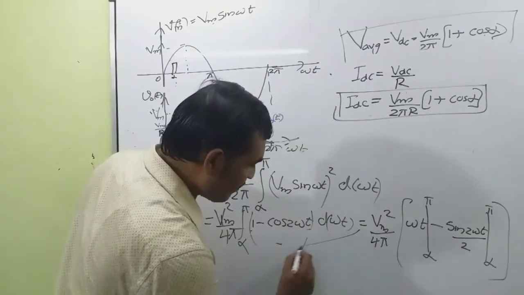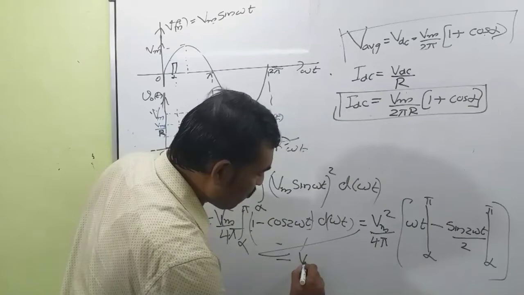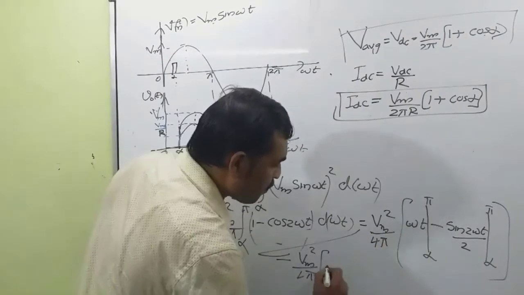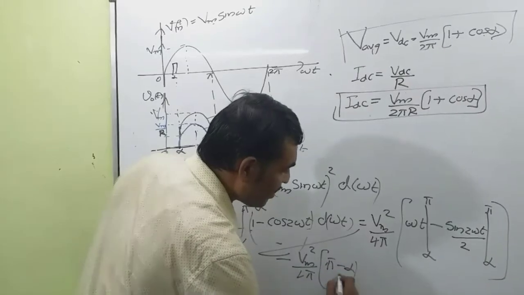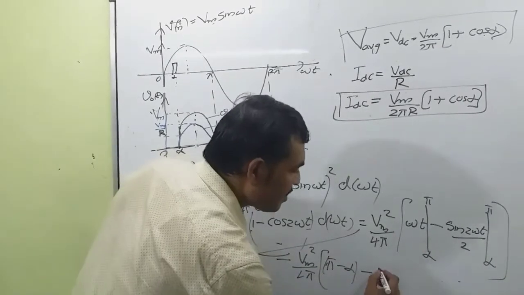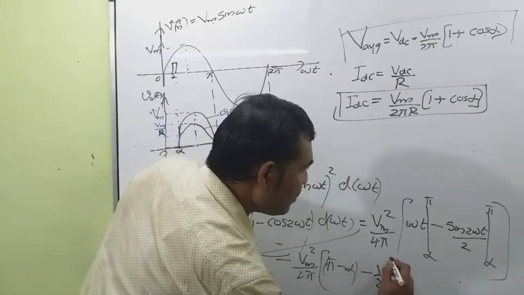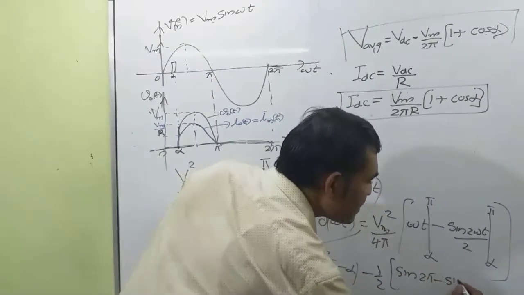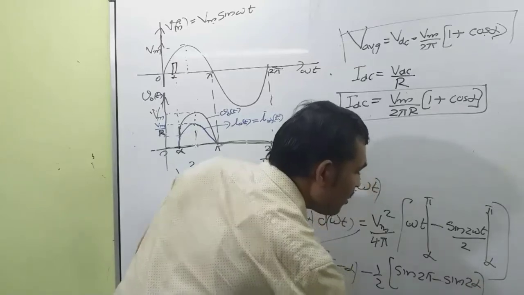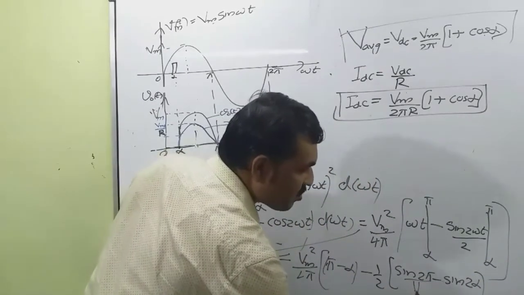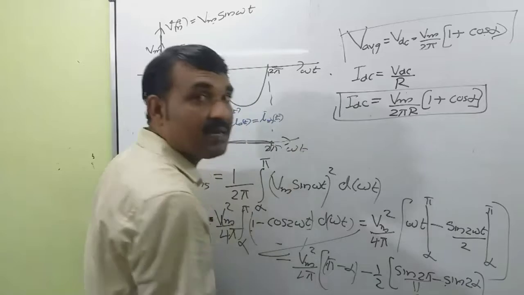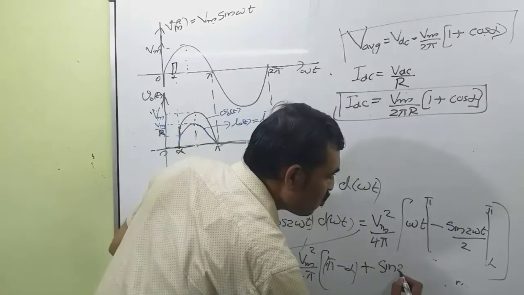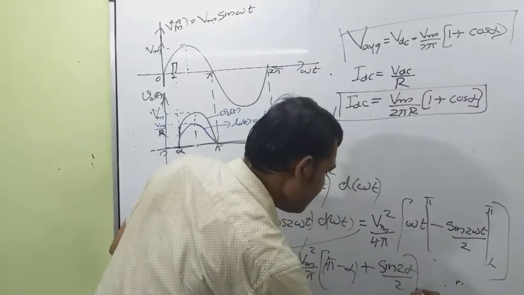This becomes Vm square divided by 4 pi into (pi minus alpha) minus 1 by 2 into (sin 2 pi minus sin 2 alpha). Now sin 2 pi is equal to 0, and minus 1 by 2 into minus sin 2 alpha becomes plus sin 2 alpha by 2.